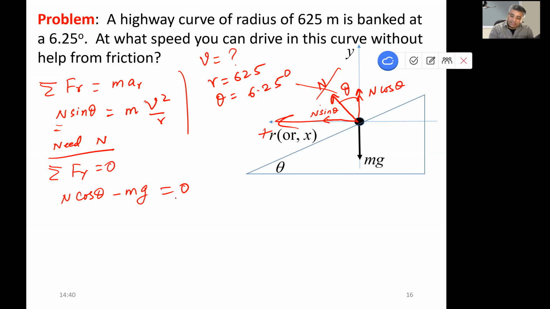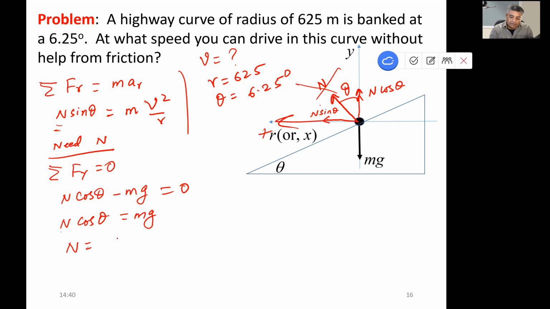Or you can see directly, and you could have written just this, okay, by just looking at the free body diagram. So now we have N over here.